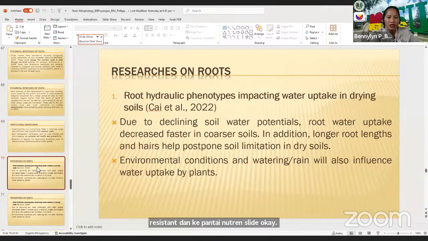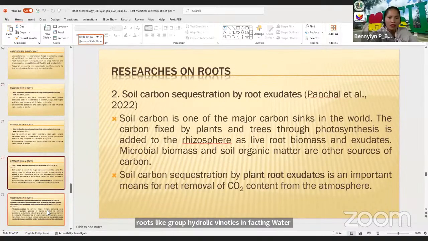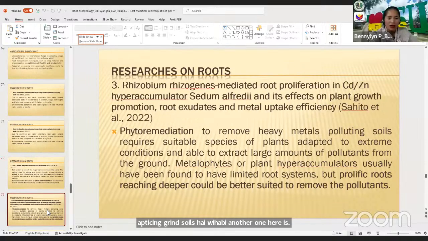For the researches, this is to show you that there are researches that were conducted on the roots, like root hydraulic phenotypes impacting water uptake in drying soils. Another one here is soil carbon sequestration by root exudates. And the Rhizobium rhizogenes mediated root proliferation in cadmium zinc hyperaccumulator Sedum alfredii and its effect on plant growth promotion, root exudates, and metal uptakes.